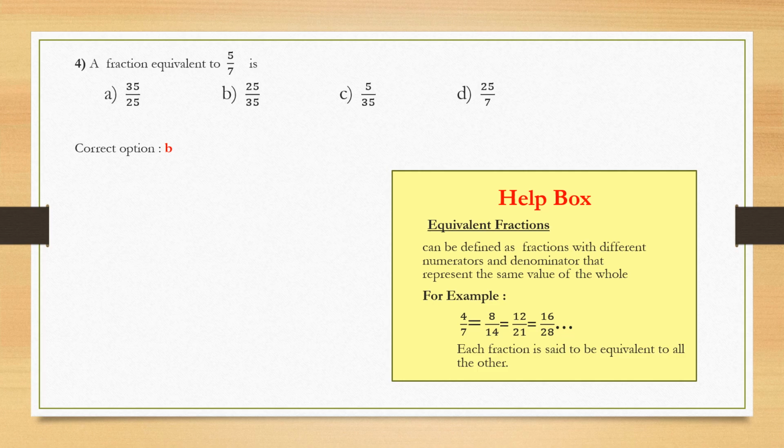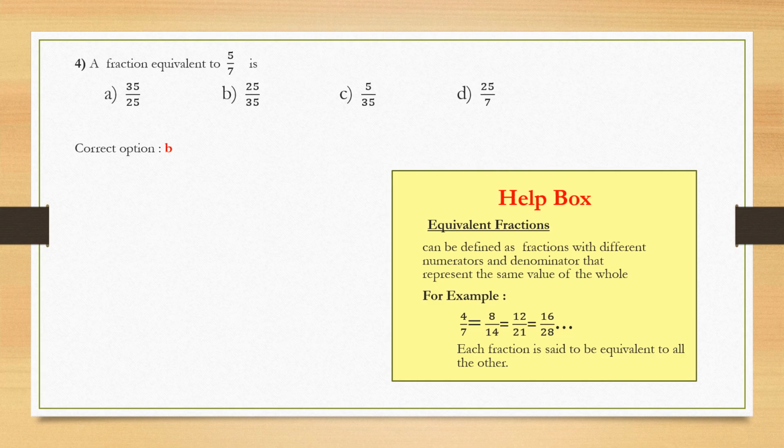An equivalent fraction can be defined as fractions with different numerators and denominators that represent the same value of the whole. For example, 4 upon 7 can also be written as 8 upon 14, can also be written as 12 upon 21, can also be written as 16 upon 28, and so on.